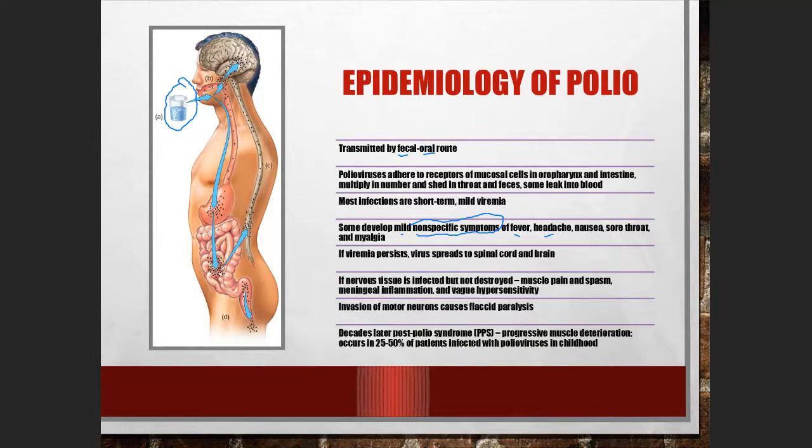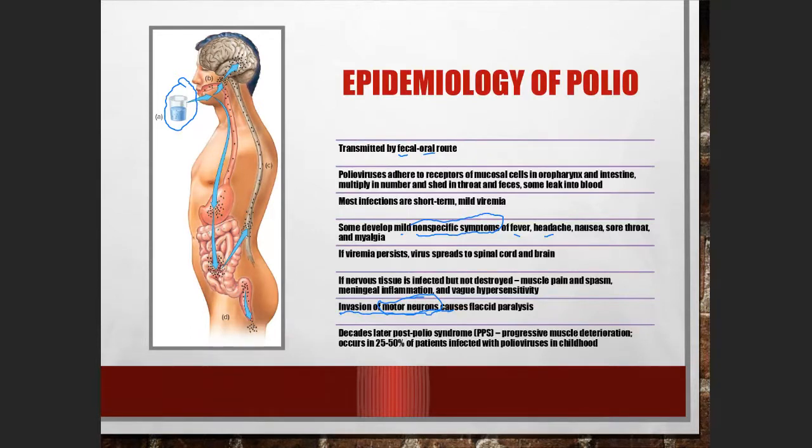Now the problem is if the virus enters the nervous system, especially the motor neuron, it will destroy the motor neuron. Motor neurons are the neurons that order our effector to perform something. One example of an effector is our muscle.